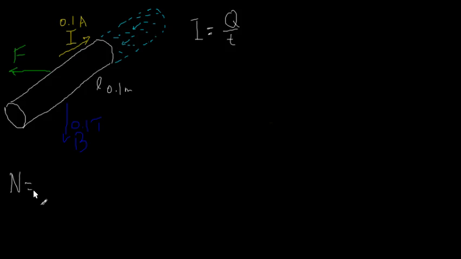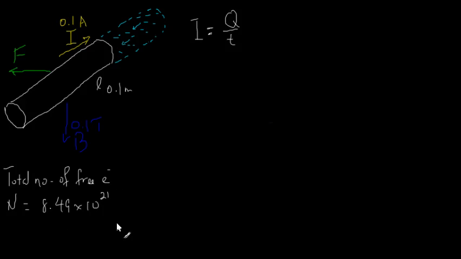The total number of free electrons is N equal to 8.49 times 10 to the power of 21, and this was the number that I calculated in the last video.